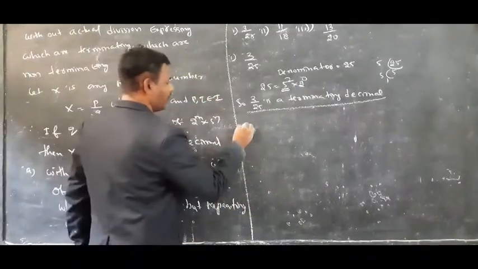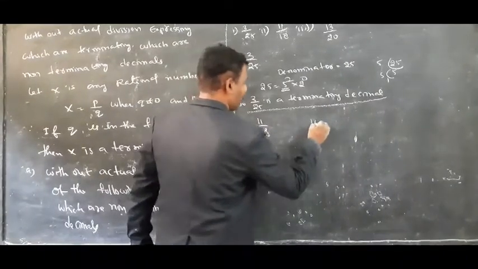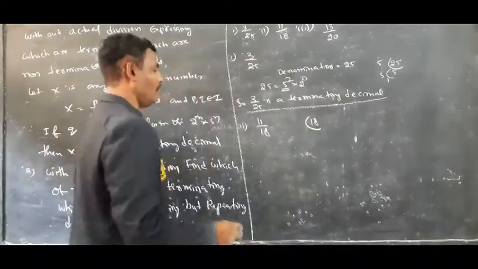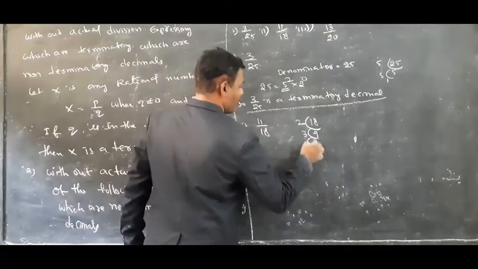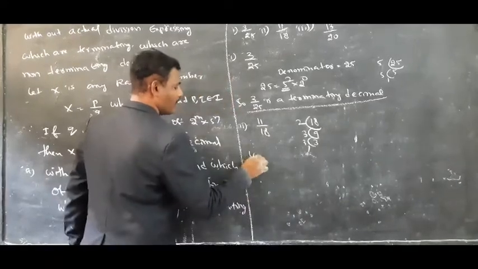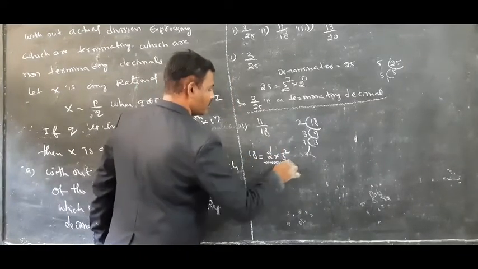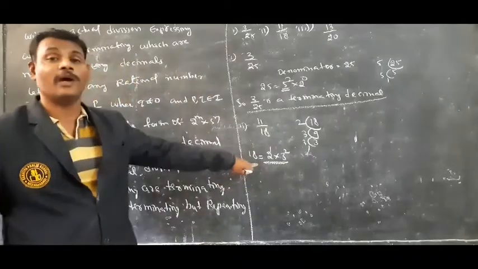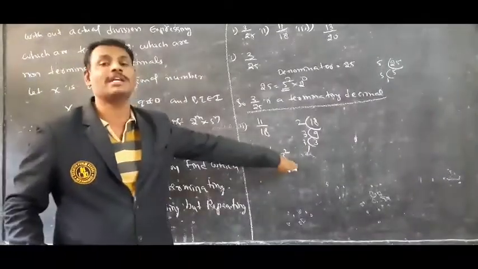What about the second question, 11 by 18? Take the denominator. 2 nines are 18, 3 threes are 9. So 18 we can write as 2 into 3 power 2. Here the denominator 18 is not in the form of 2 power m into 5 power n. 2 is there, but along with 2, 3 is also there.